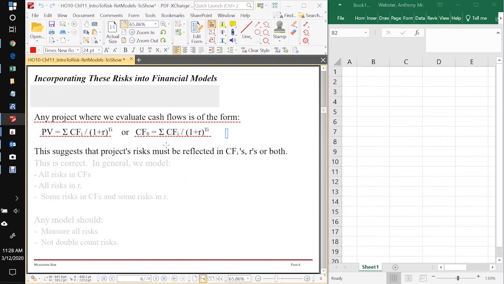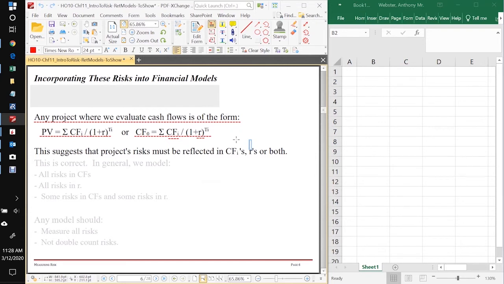So this notion that these are the only equations that we're using, essentially, this suggests what? That we're going to have to measure the risks of a project either in, what are our choices here? Our cash flows or our interest rate or discount rate or both, okay?